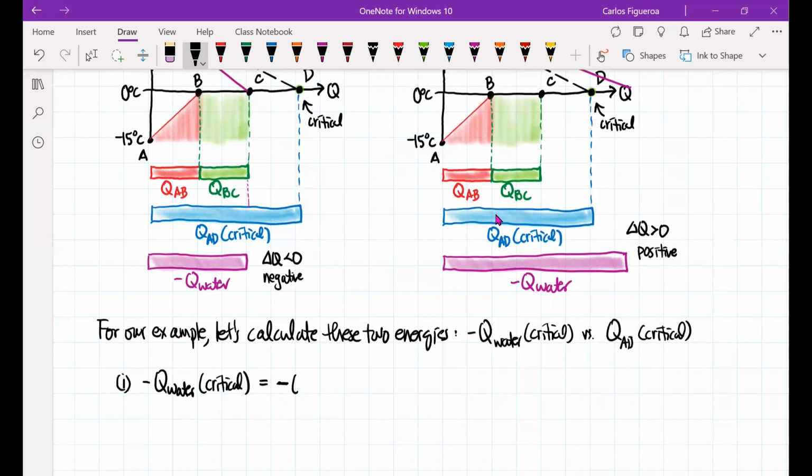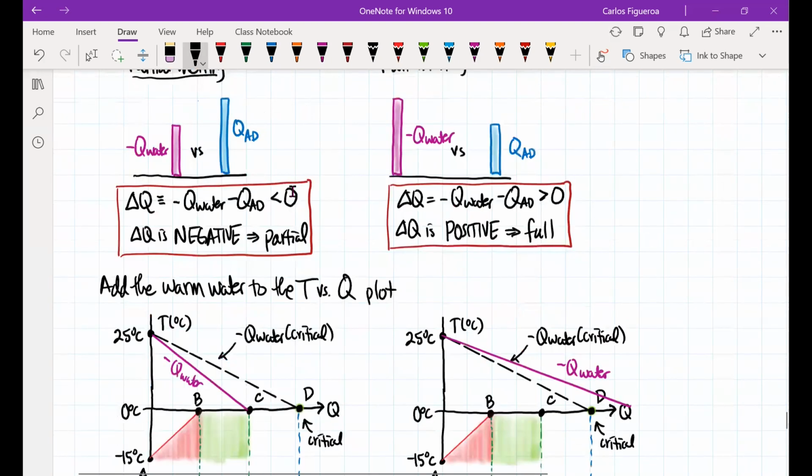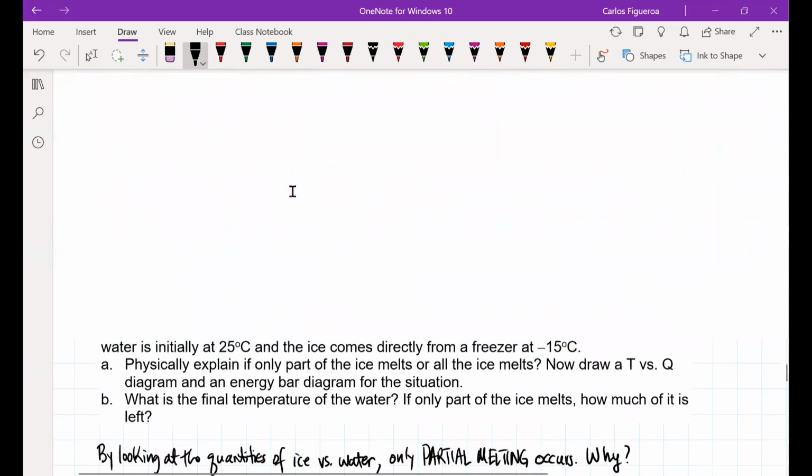And then I have the thermal mass, and this is of water, times the change in temperature of the water to the critical point. So if I plug in my numbers, here's what I have. Let me make sure, I might have a numerical error.